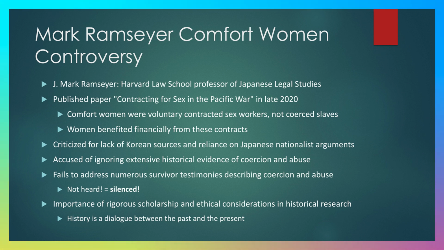So this professor, Mark Ramseyer, is just adopting the Japanese nationalist argument, ignoring historical evidence. He ignored the survivors' testimony, describing that it was forced and abusive, and it was actually slavery, against their will.